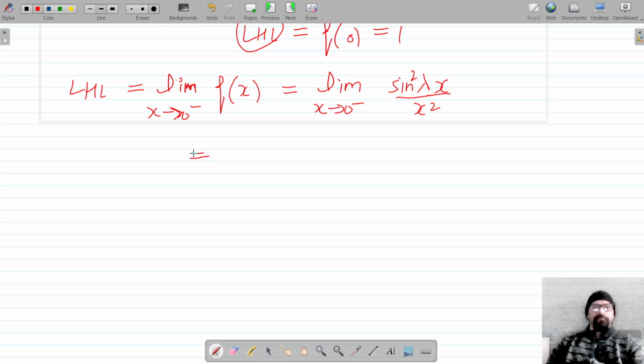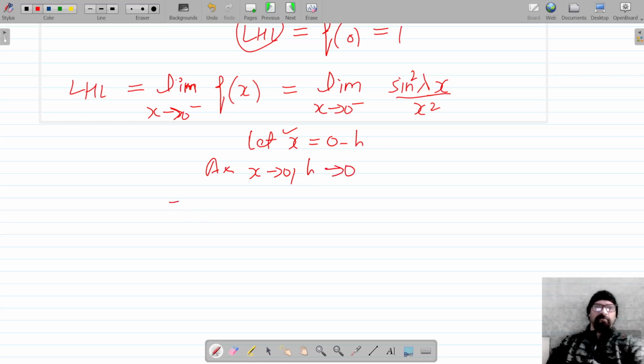Now we have to evaluate the left hand limit, and for it let's substitute x equal to 0 minus h, where h is a small value greater than 0. Now we know that as x tends to 0, h tends to 0.